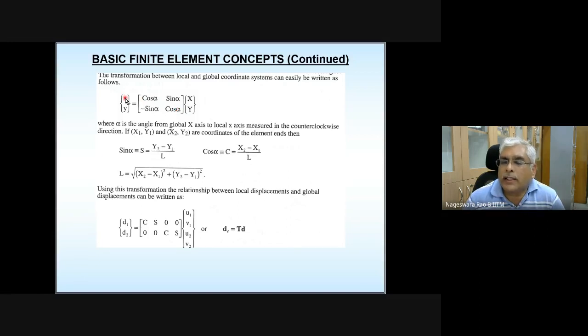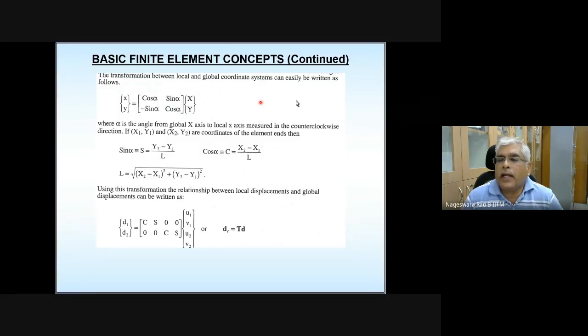So small x is C multiplied by capital X plus S multiplied by capital Y. Please note that displacements and forces are also going to get transformed in the same manner. So if this relationship is valid for coordinate transformation, it is also valid for force transformation and displacement transformation.